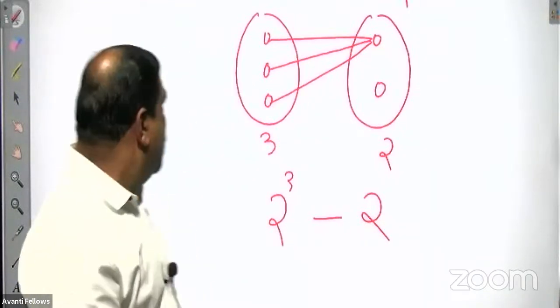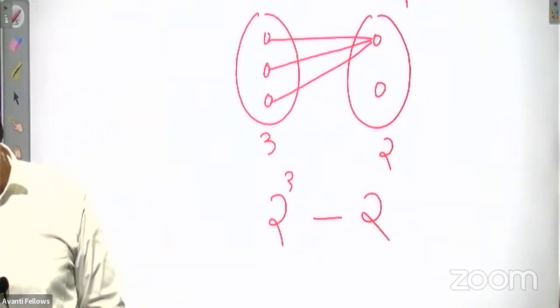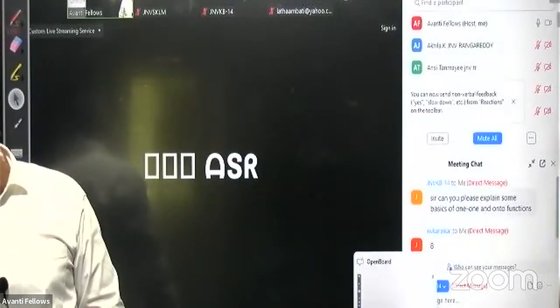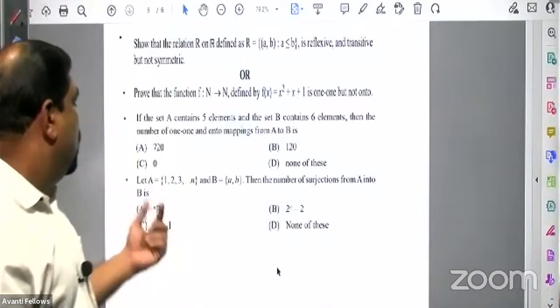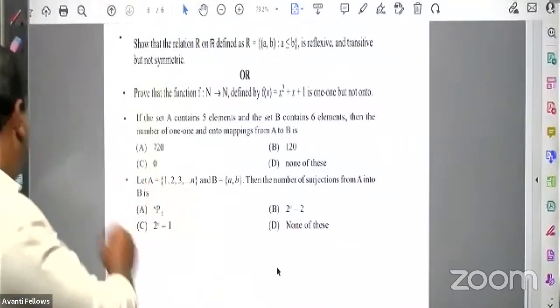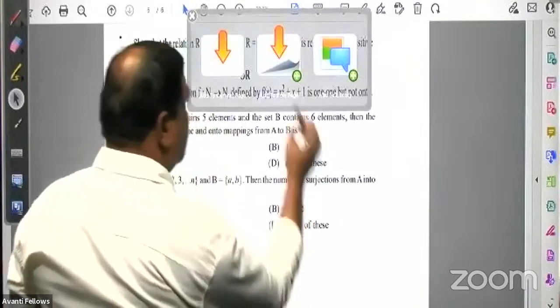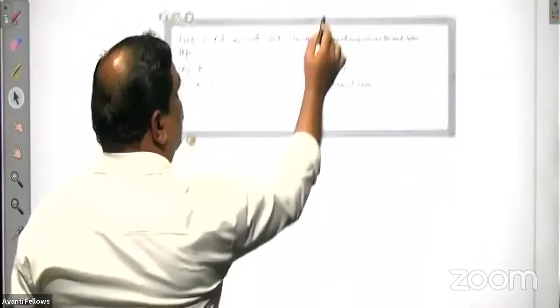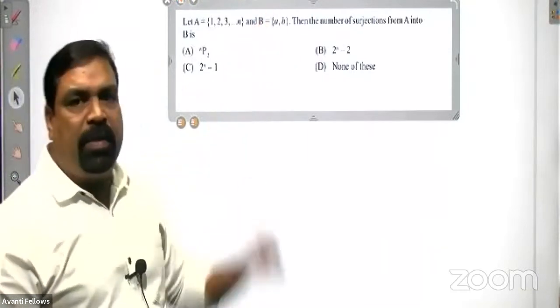So the same idea, we can generalize. So this question: set A contains n elements and set B contains 2 elements.